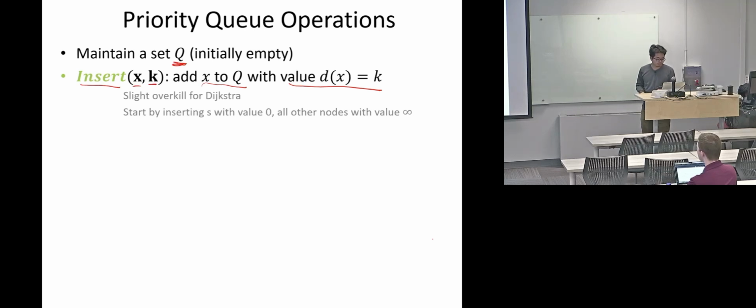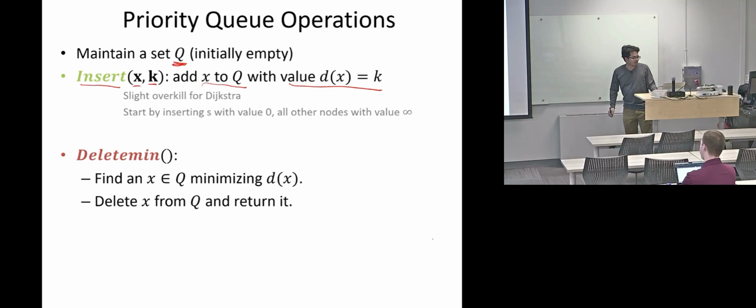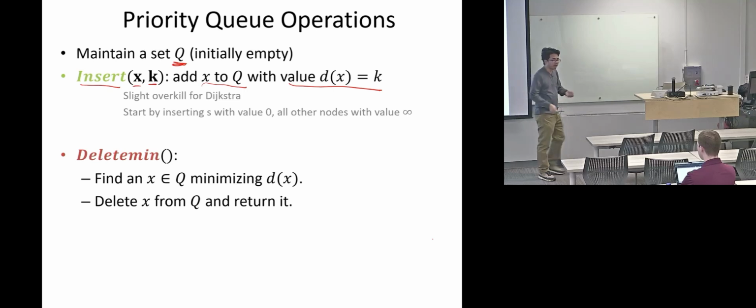Okay. Next, what you can do is also delete min. That is to find the element that minimizes the value, or minimizes the estimate d. It deletes x from the queue and returns it: find the minimum guy, delete it, and return this x to you.